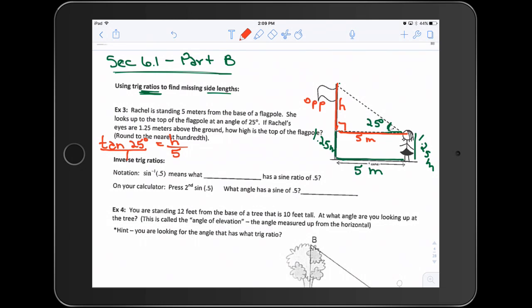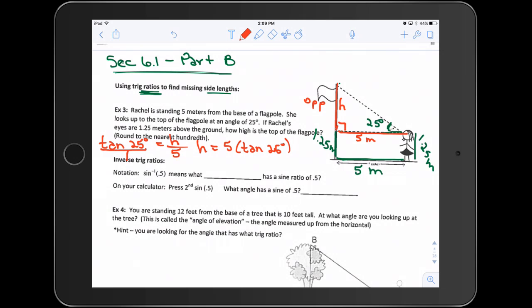I'm putting this over 1, and at this point you can cross multiply to solve for that height. Now you may have been taught to multiply both sides by 5, that's fine. You can solve this a couple different ways. I'm just telling you, you have a proportion here, so I tend to teach it as that height is equal to 5 times the tan of 25 degrees.